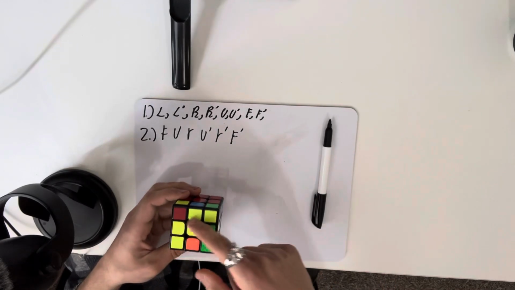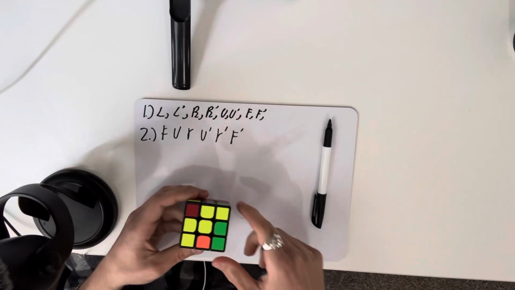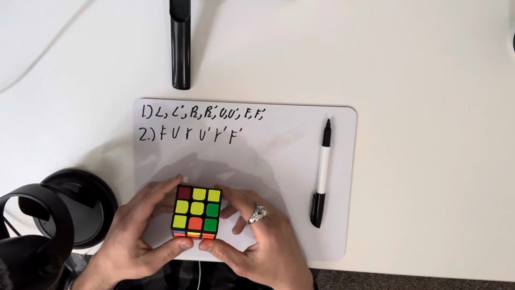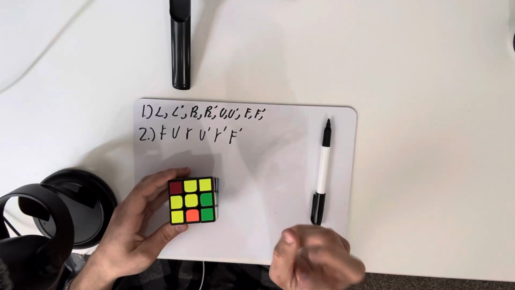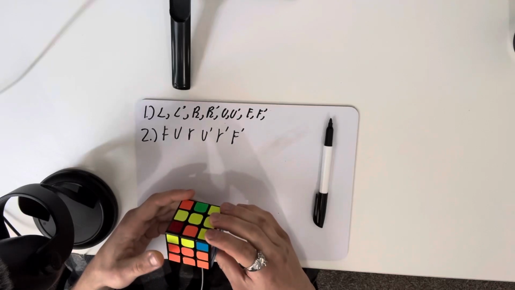But you're going to look at this top layer and see how many squares are left. The goal is to get it to this fish shape, is what people call it. Let me get it to it quick.